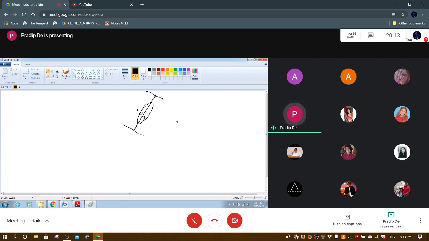Then you have to drop the perpendicular on this line, this corresponding directrix. So this is M. And PS upon PM will be E. This is PS.